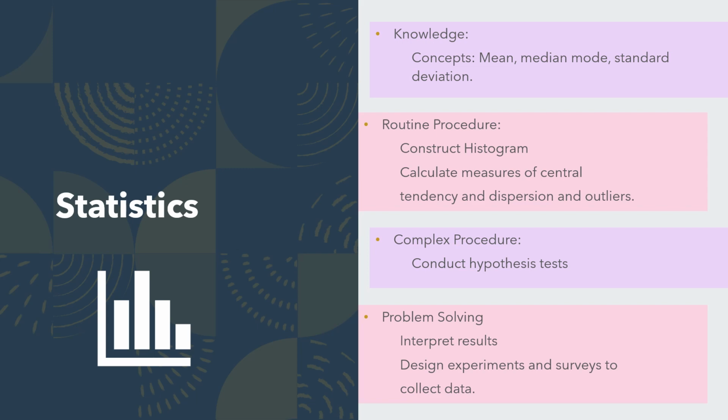We'll see if students can apply statistical concepts to practical scenarios, like interpreting data and results, where we'll analyze findings from experiments or surveys and draw meaningful conclusions, as well as design experiments and surveys where we'll plan data collection and ensure that we have valid and reliable results.